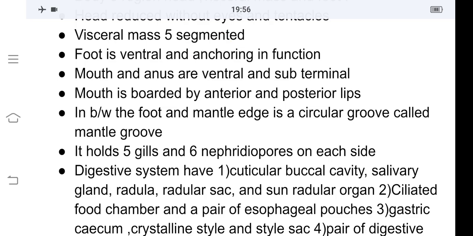In front of the anterior lip is a preoral lobe called velum. It bears palp-like and ciliated lateral processes called preoral tentacular processes. Behind the posterior lip is a postoral lobe bearing ciliated postoral tentacular processes.